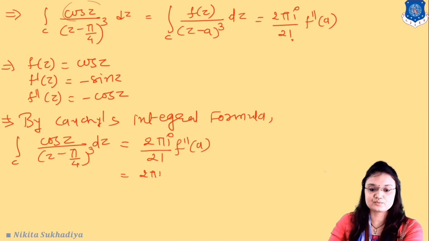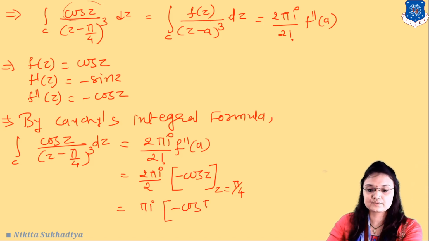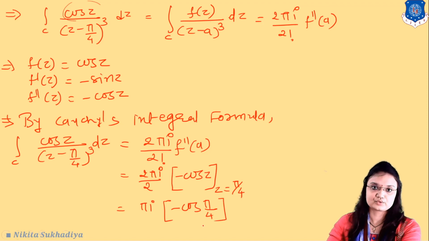So here we have 2πi upon 2 factorial. What is the meaning of 2 factorial? That is 2. And f''(z), that is here -cos z. And here z is equal to the point a, and that is π/4. Okay. So here this will become πi, and this is -cos π/4.